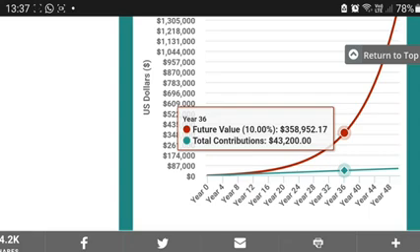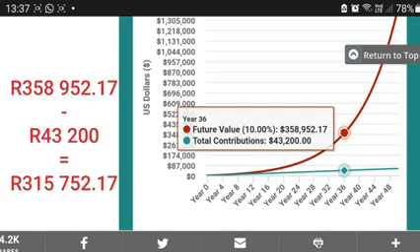Again, let me run the calculation for you. 358,952 Rand and 17 cents minus 43,200 gives you 315,752 Rand and 17 cents. That money is coming from interest.